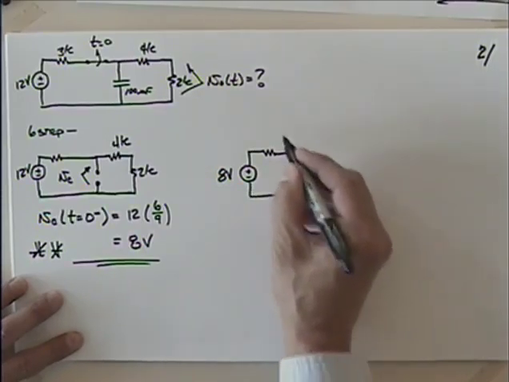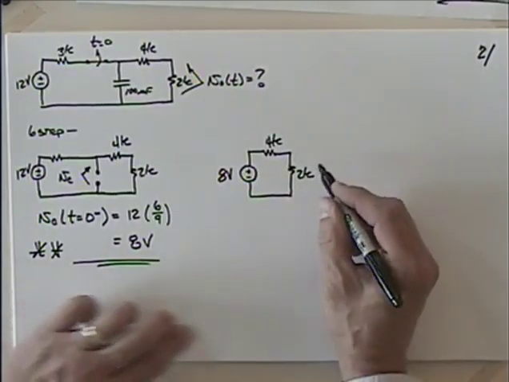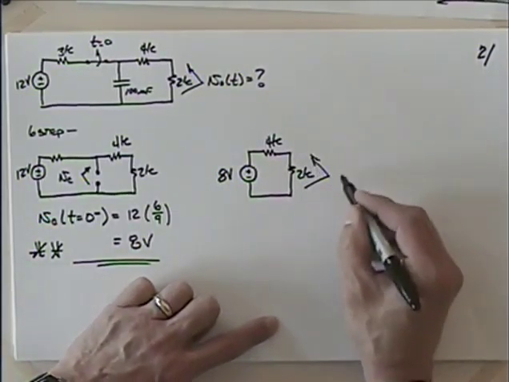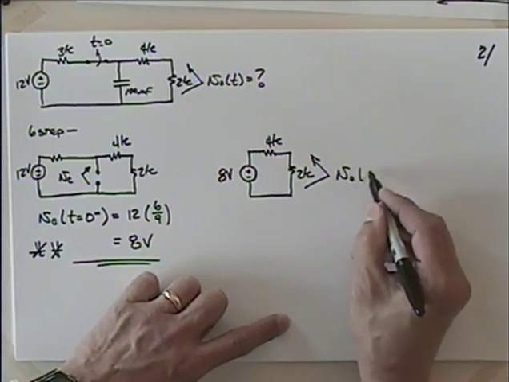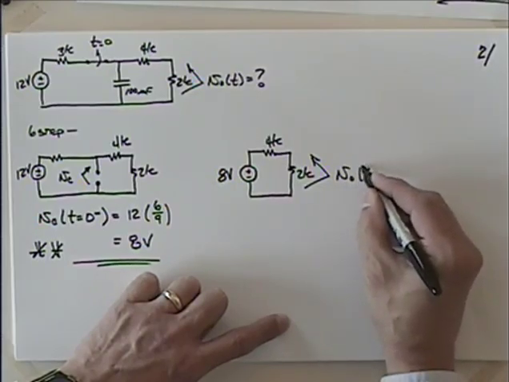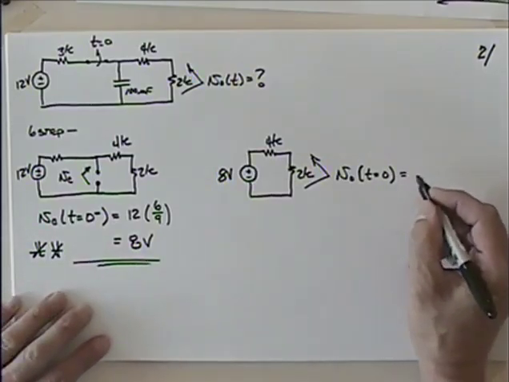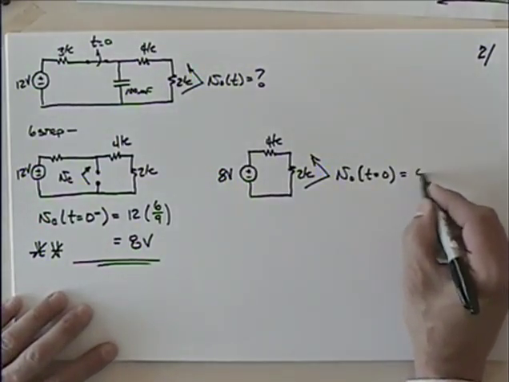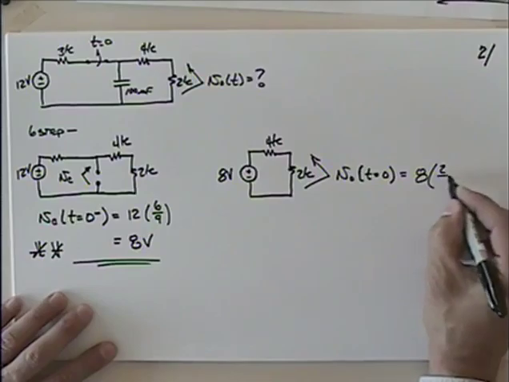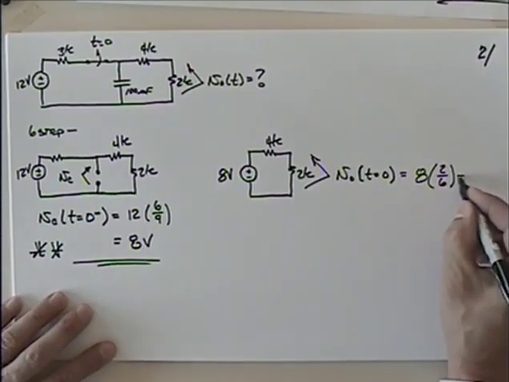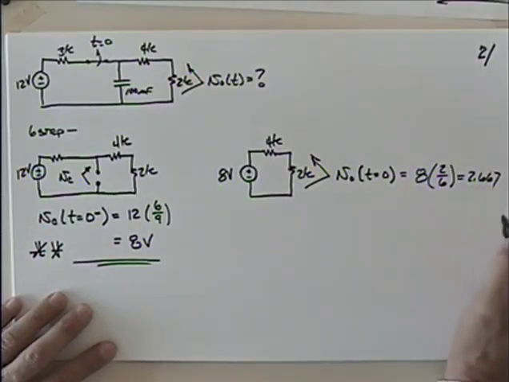We've got 2K and 4K, and so we then ask the question, what's the voltage across here? V0 at t equals 0, which we can just do by voltage division, right? 8 times 2K over 6K gives me 2.667 volts.